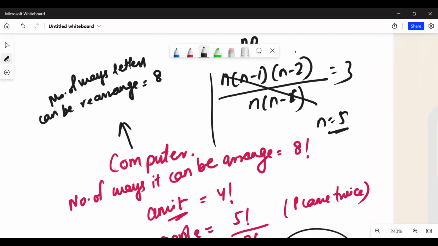This would be 8 factorial minus 1, 40320 minus 1, which is 40319. Why minus 1, guys? Because whenever I'm saying rearrangement, you will not use the same thing again. Like computer, you cannot use. Except computer, you can do anything.